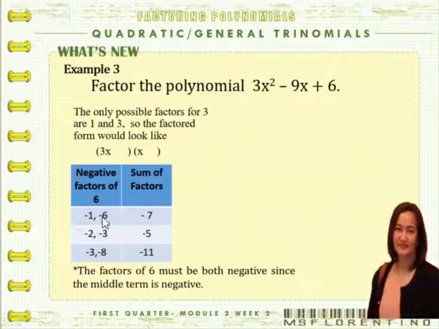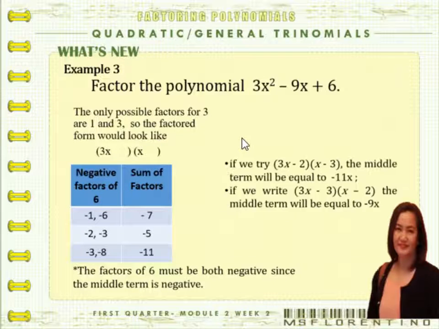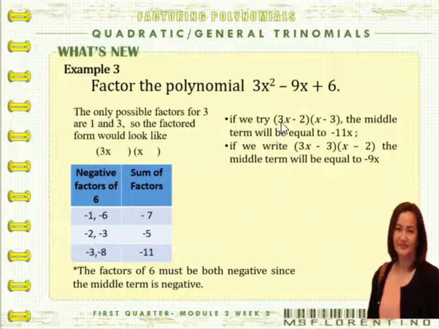With that, we will still use negative 2 and negative 3 and combine them with the first terms 3x and x. This is by trial and error. If we try 3x minus 2 times x minus 3, applying the FOIL method, multiply the inner term negative 2 times x gives us a product of negative 2x.